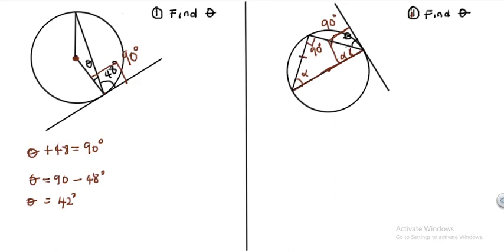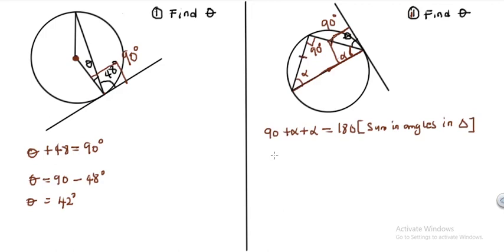If this angle is 90 degrees, we can use it to get alpha and then use it to get theta. So from here, we'll say 90 plus alpha plus alpha is equal to 180 degrees. The reason for this is the sum of angles in a triangle.